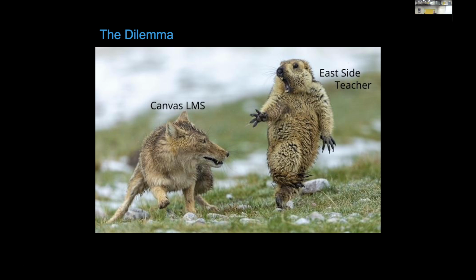But the marmot isn't helpless. It's got significant claws. I think the LMS knows that its eyes can be gouged out if it gets too close. It's important for teachers to realize they have the freedom to use it as a tool, to manipulate it as they wish to deliver student outcomes rather than to be tormented by it.